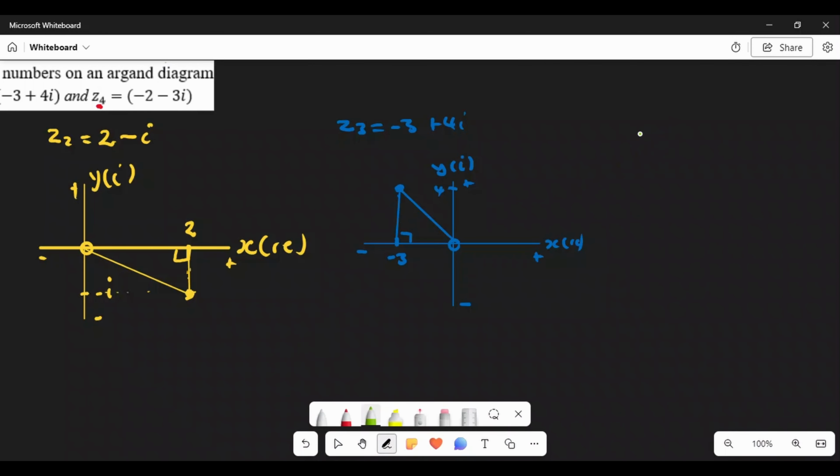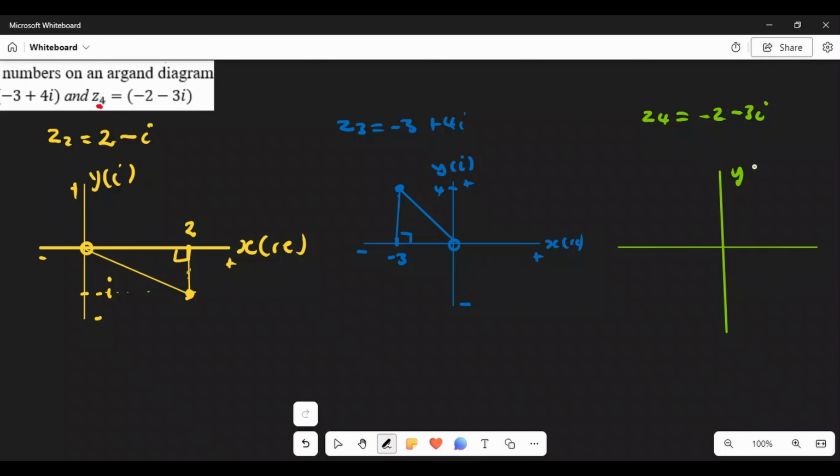All right, our Z4, we've created space already, so Z4 is going to be equal to, as you can see here, negative 2 minus 3i. Let's write it, negative 2 minus 3i. So let's draw the Cartesian plane so that you are able to represent our Z4.